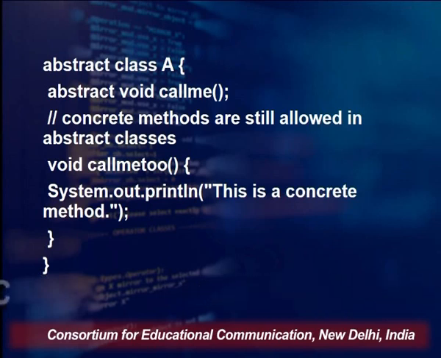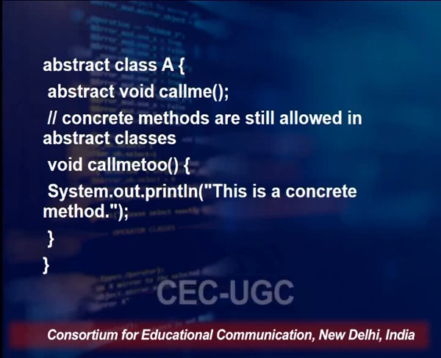So class A is now an abstract class because it has an abstract method. Apart from this abstract method, it has one concrete method also. A concrete method is a normal, non-abstract method that has a body. So concrete methods are still allowed in abstract classes.